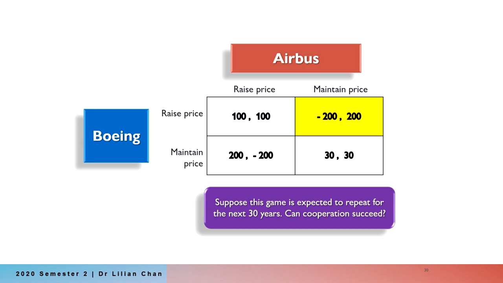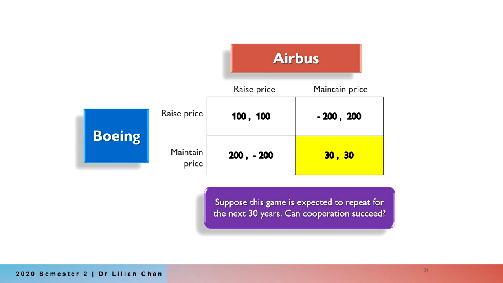So, what do you think will happen the following year after this? What strategies will each firm play? Well, as highlighted here, each firm will play their strategy to maintain price and make only $30 million per year for the next 29 years because Boeing will probably not trust Airbus again.